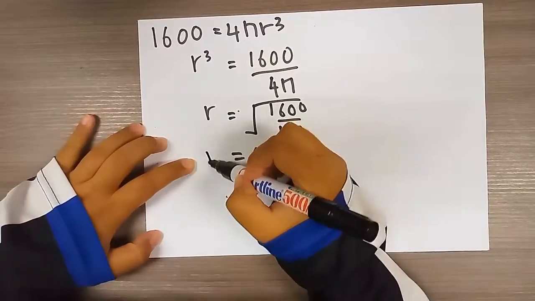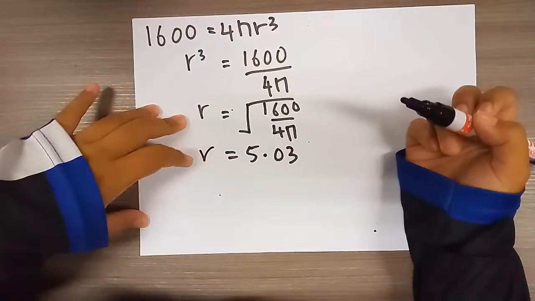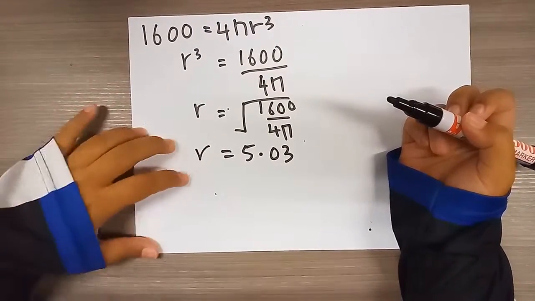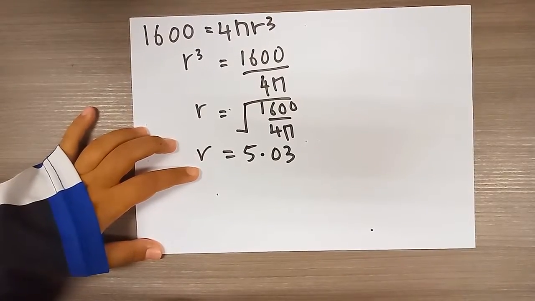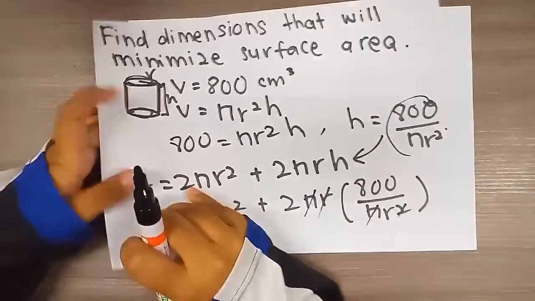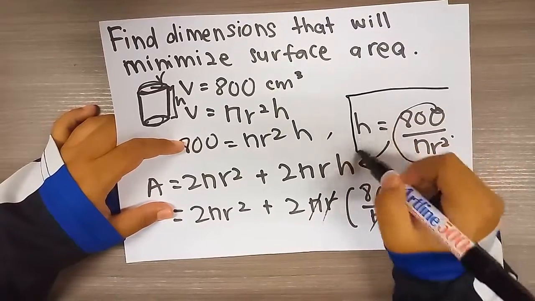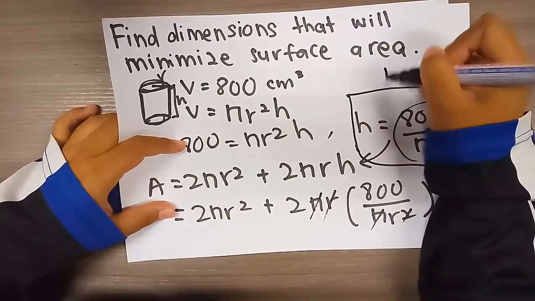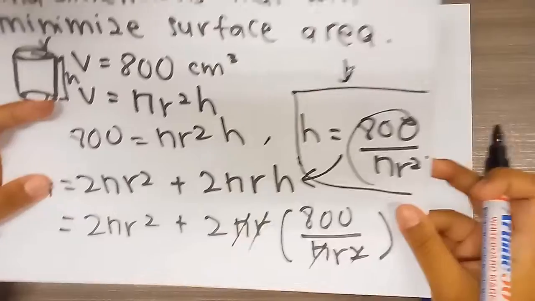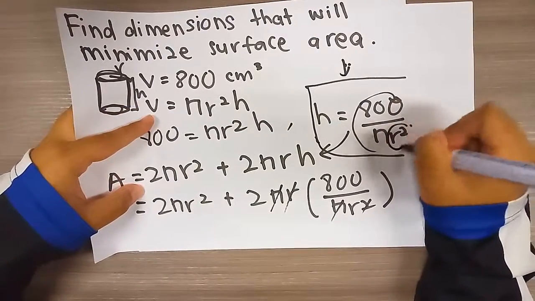So now we obtain the value of r, so we can find the value of h. We just substitute into the first equation we obtained when we made h the subject.